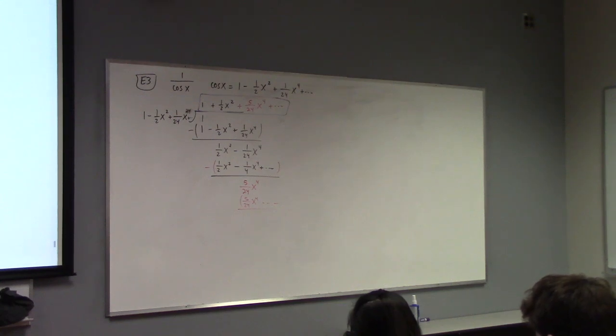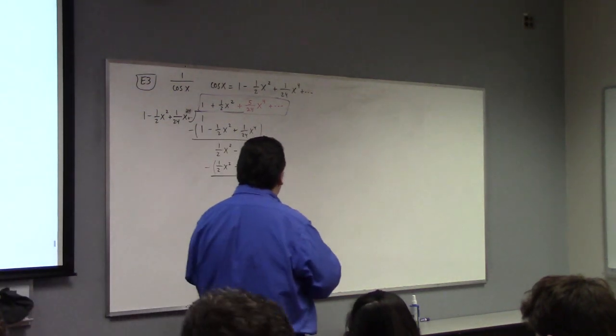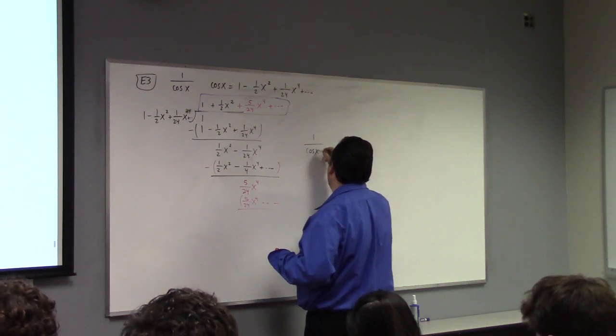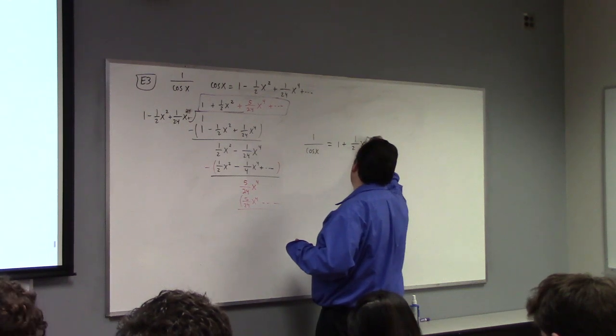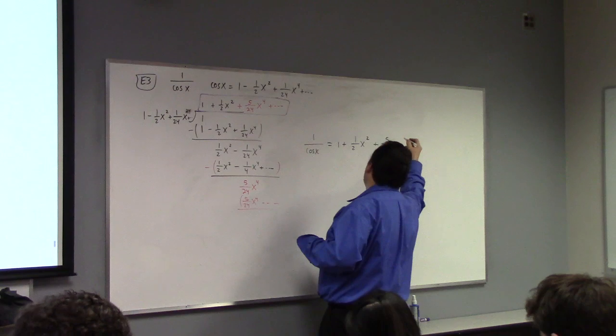Those are also the first 3 non-trivial terms of that equation, right? Well, yeah, what I mean by boxing that in is that 1 over cosine x is equal to 1 plus 1/2 x squared plus 5 over 24 x to the 4th.